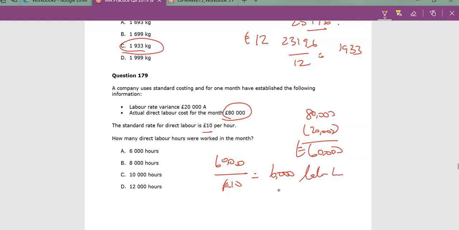You bought 6,000 hours, we believed you should pay £10 for them, which would have brought us to 60,000. You spent 80,000, which is why we have a variance of 20,000. It's always on the actual number of hours worked. You apply the standard cost to that. So the answer here is 6,000 hours.